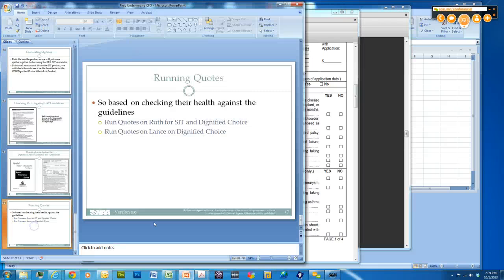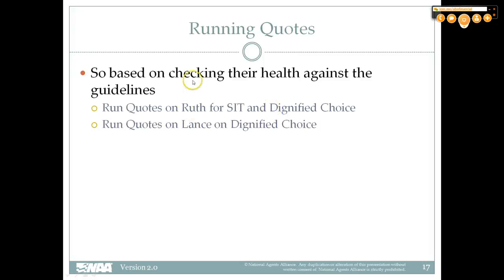Now, for our client, Ruth can go with the simplified issue term, but I might run some rates on her for dignified choice too, just to have it.